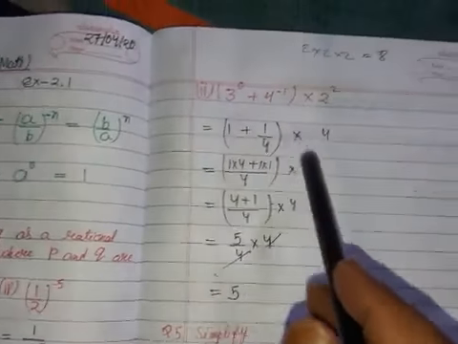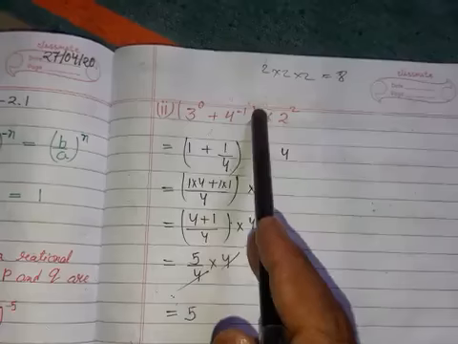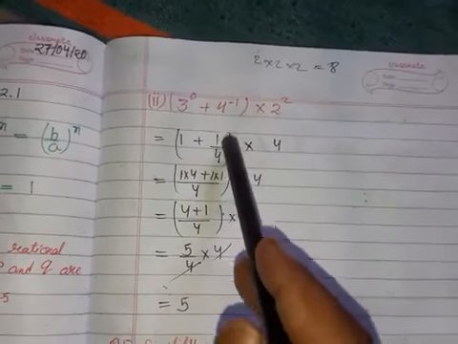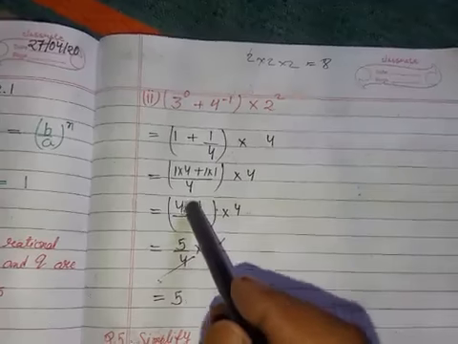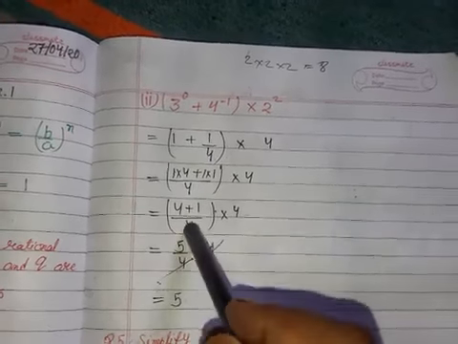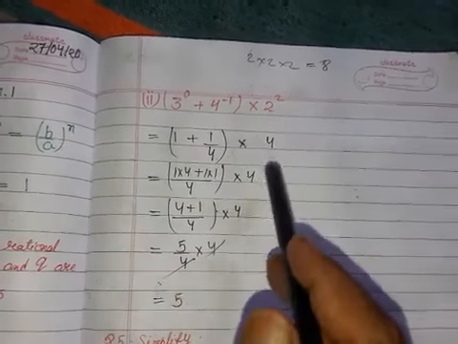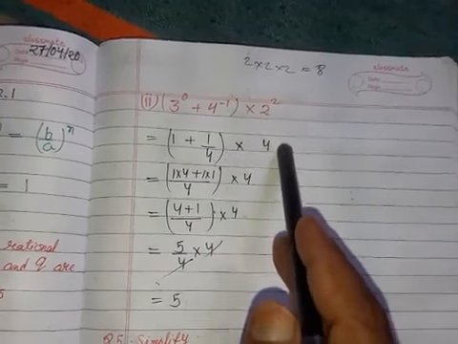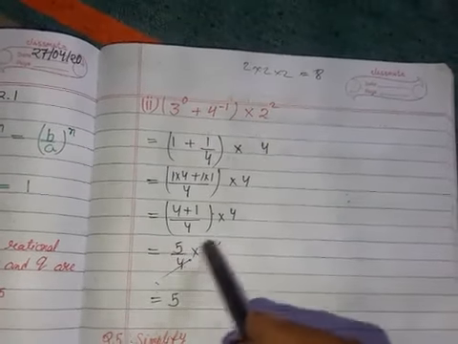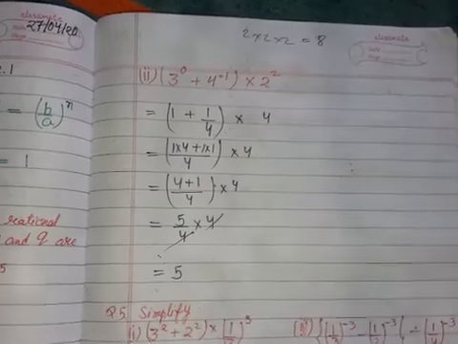So we write here 1 plus 1 by 4. So we take LCM and add, we get 5 by 4. And here 2 to the power square means 4. So here 4 cancels, we get 5.